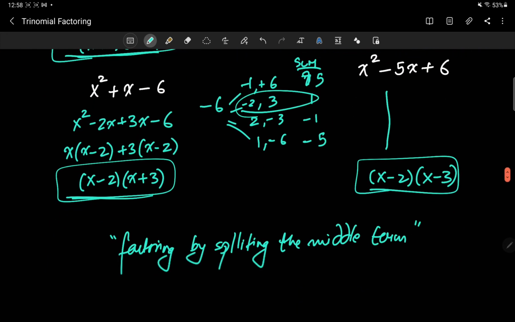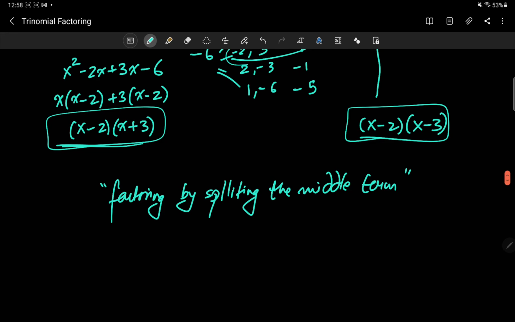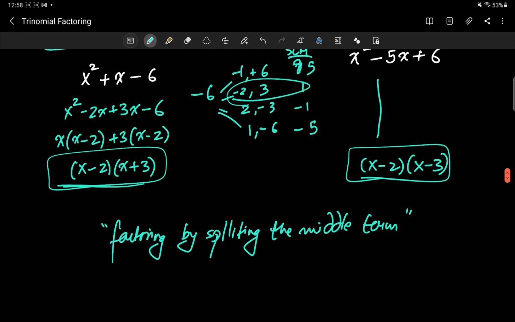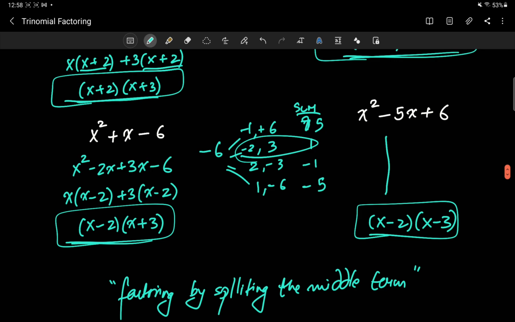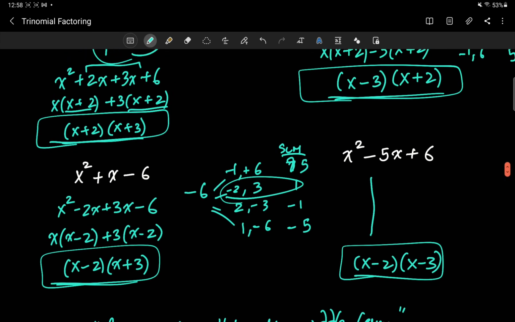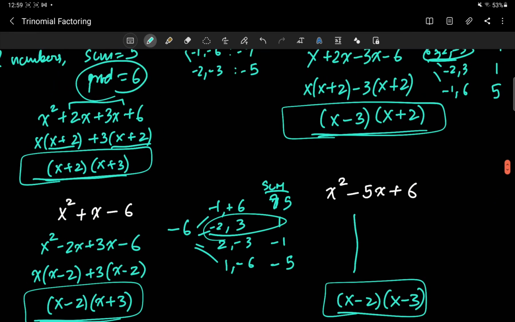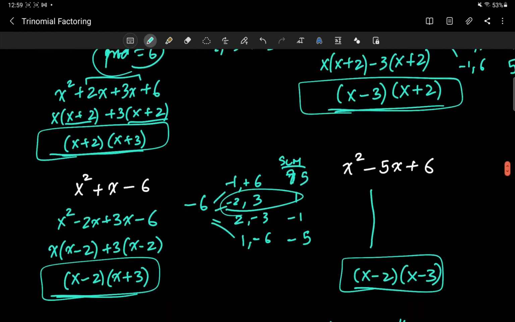We're going to do that in a separate video. This video is primarily for factoring by splitting the middle term for case 1, or level 1 cases. We covered the second level in another video. Okay, thank you.